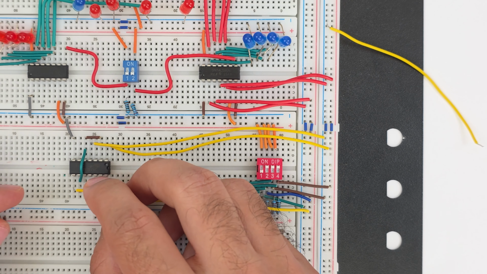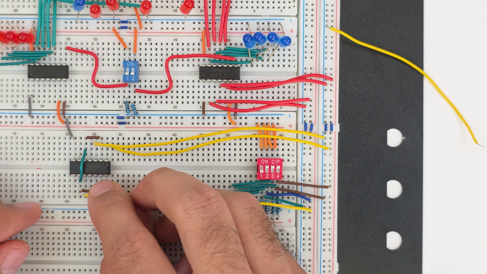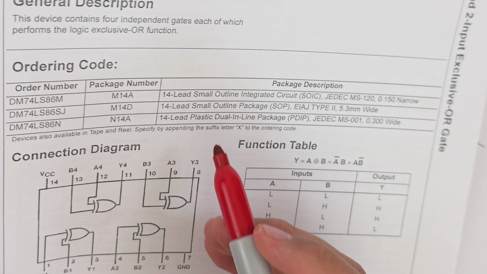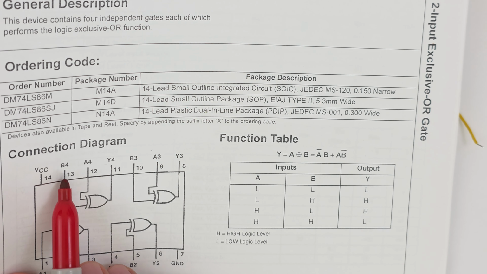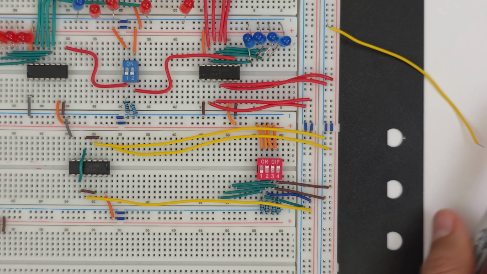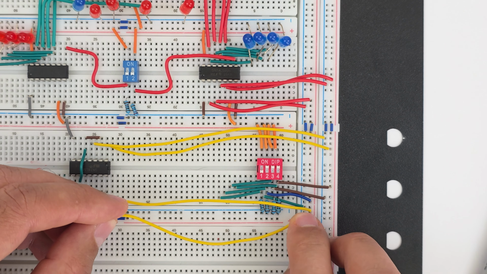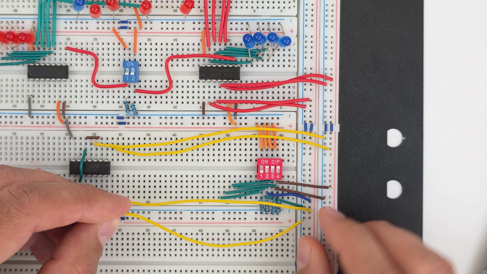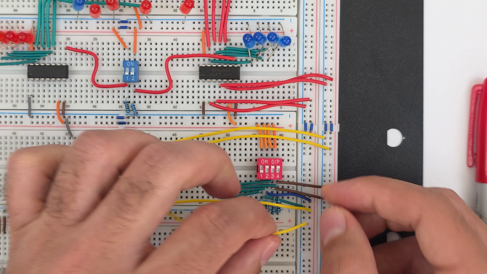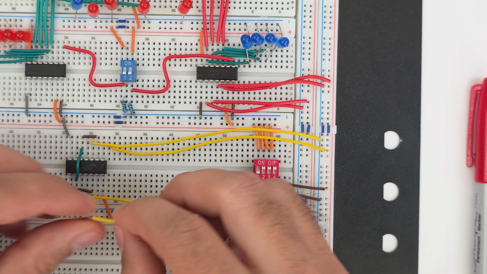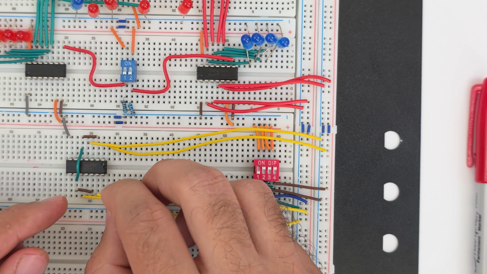To pin number 8, 9, 10. Okay, and then this is B3 and this is B4 to pin number 13. So I'm going to bring this one to pin number 13.